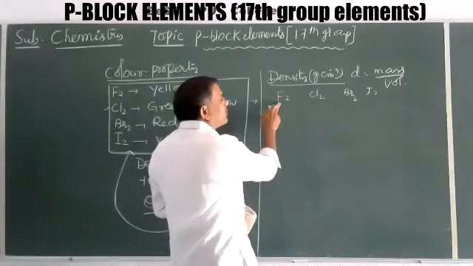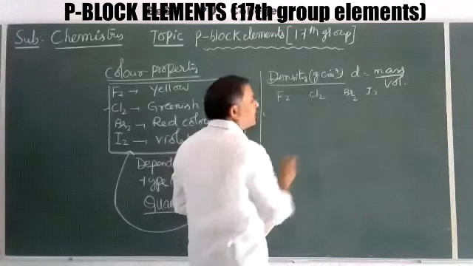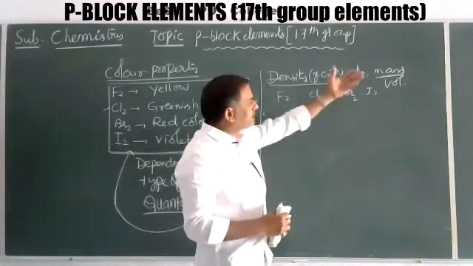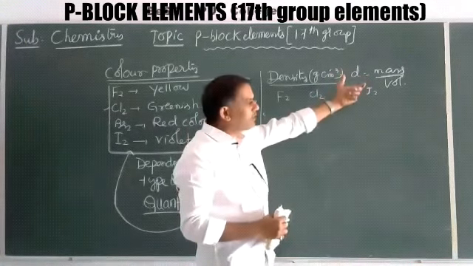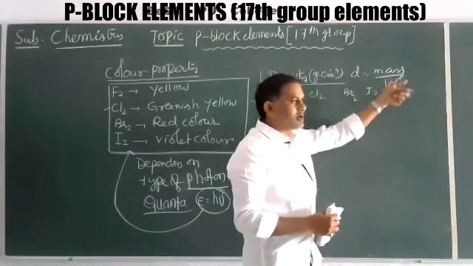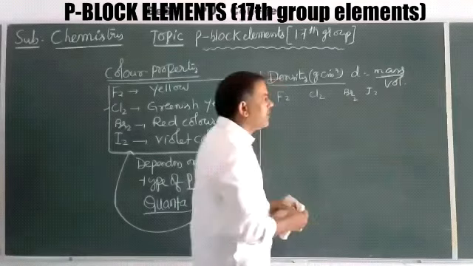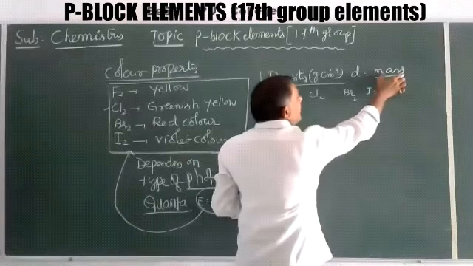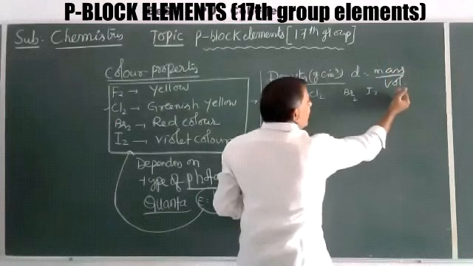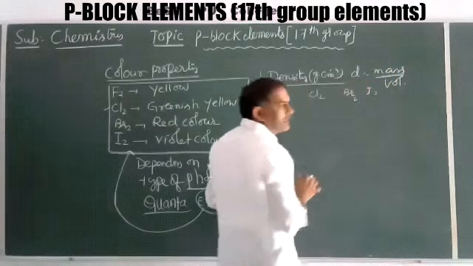From top to bottom, fluorine to iodine, what happens to the atomic number? It increases. Simultaneously atomic mass increases, and atomic volume proportionately increases. So due to the increase in atomic number as well as atomic mass, with proportionate volume increase, the total density increases.